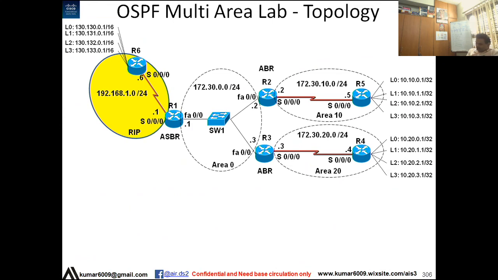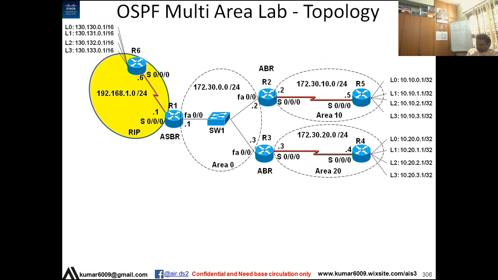Tell me the full command again. Network 172.30.0.0. Correct. Then the wildcard mask is 0.0.0.255. Correct. Which area does it belong to? Area 0. Area 0.